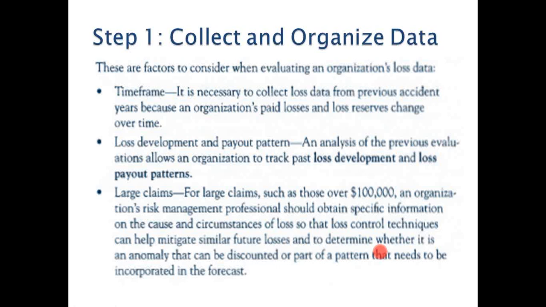And then finally, large claims. Large claims are somewhat of a relative term depending on the organization. In this case, such as those over 100,000, an organization's risk management professional should obtain specific information on the cause and circumstance of loss so that loss control techniques can help mitigate similar future losses and also determine whether it's an anomaly. So if you had a $1 million claim and everything else was $100,000 on average, there's something different about that.